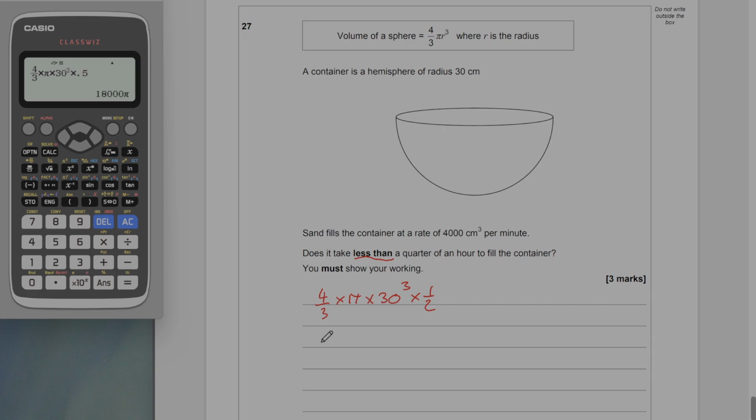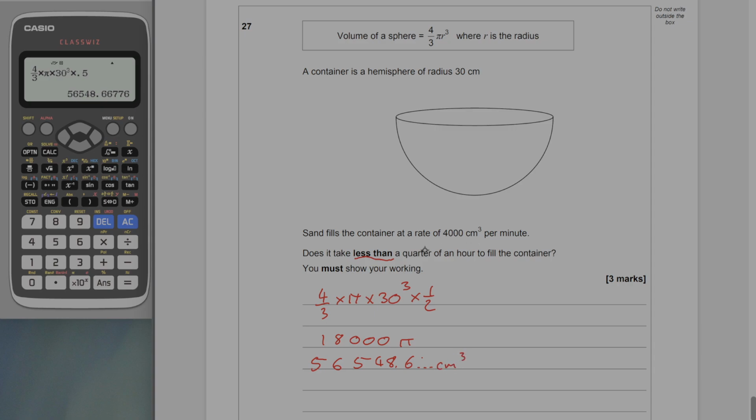So we've got 18,000 pi, which as a decimal would be 56,548.6 ... units centimeters cubed.